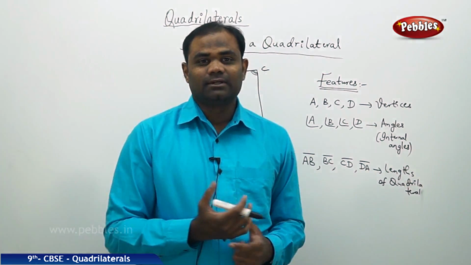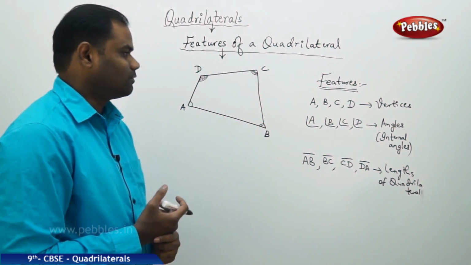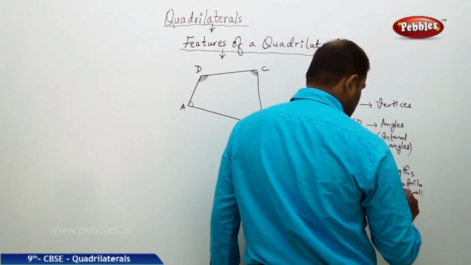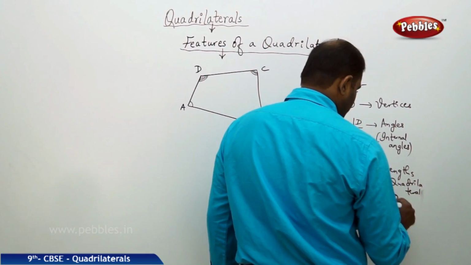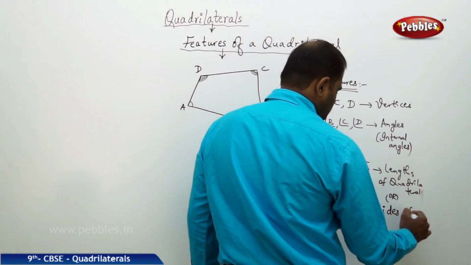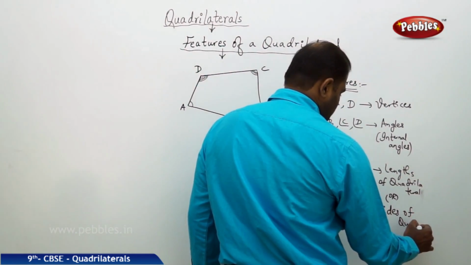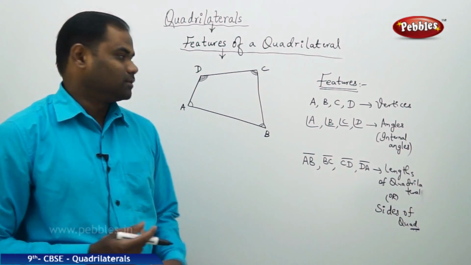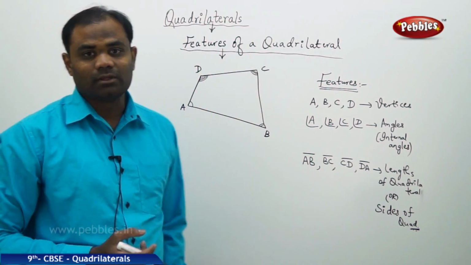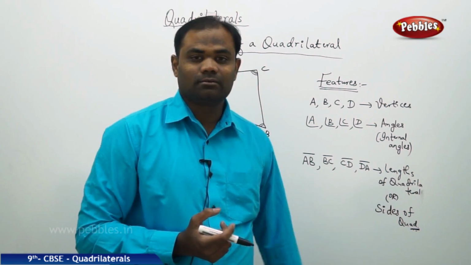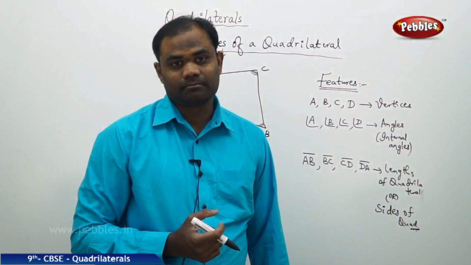The 4 sides have 4 different lengths. They're also referred to as sides. Sometimes we refer to them as sides of the quadrilateral. This is how I understand the meaning of each of these being lengths of the quadrilateral or the sides of the quadrilateral. Both mean the same.